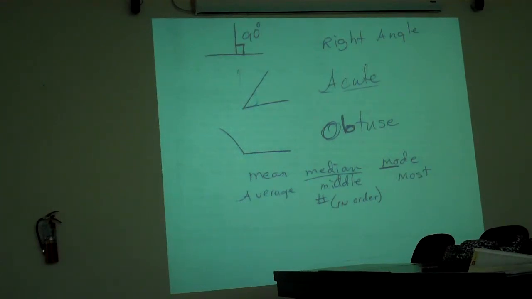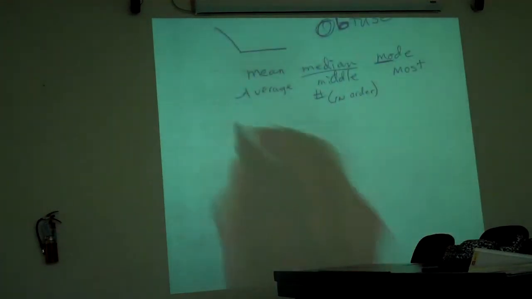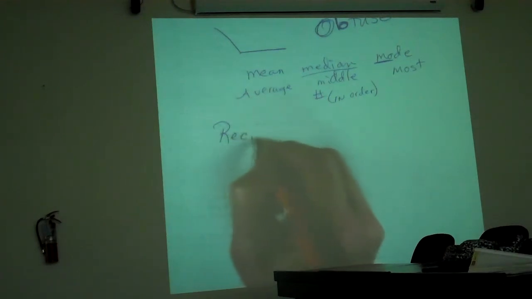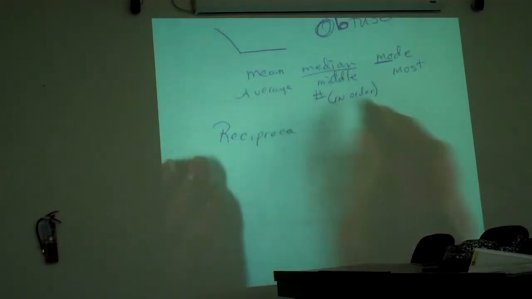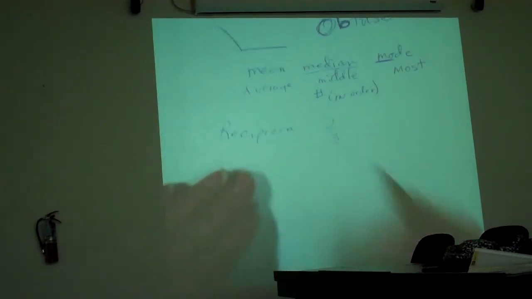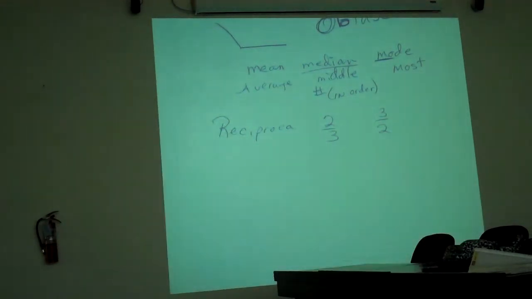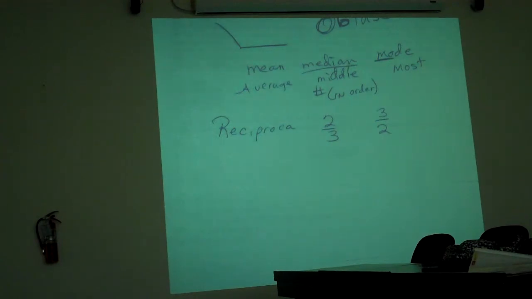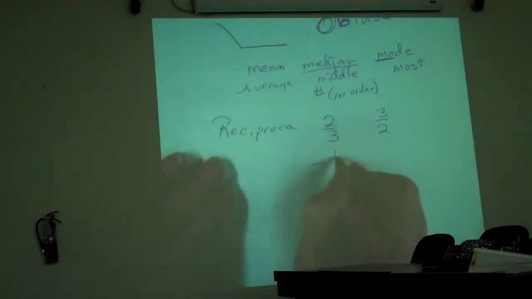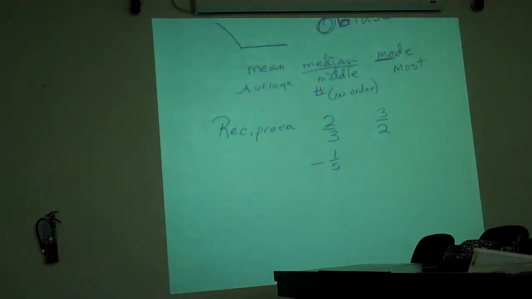Okay, dividing real numbers. You remember what a reciprocal is? What's the reciprocal of 2/3? 3 over 2. Okay, if there is a negative in the number, you keep the sign.